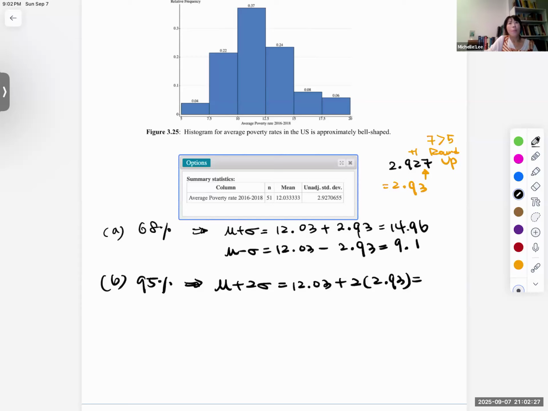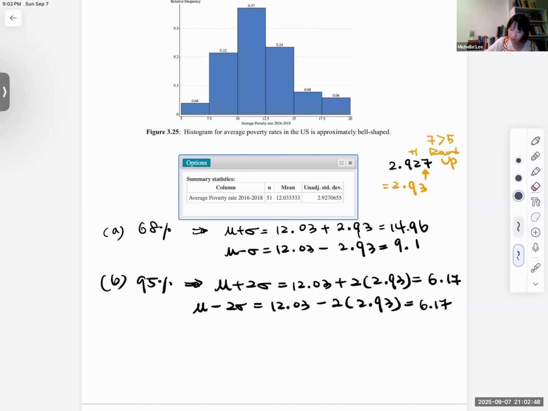What do you get? 17.89. How about mu minus 2 times sigma, using just subtraction? What do you get? Sorry, that one is 6.17. Very good. So the two values will be 6.17 and 17.89.